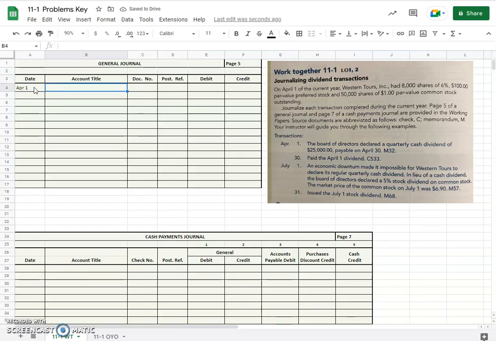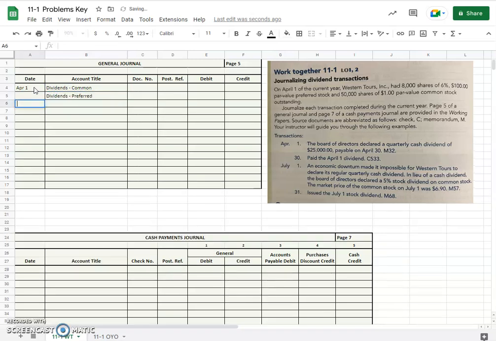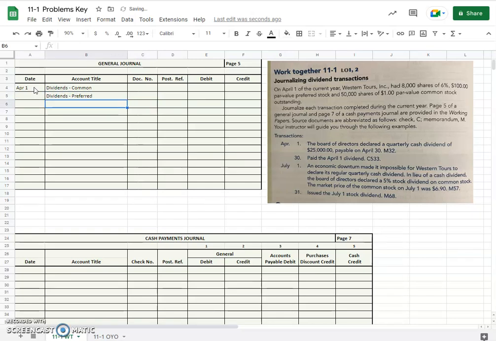And our account titles, we know we have dividends, and some of them are common, and some of them are the preferred stock, and then we also have dividends payable will be our credit. Memorandum 32. So now we have to figure out what is the amount on this.